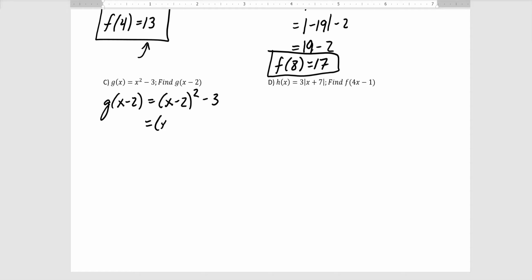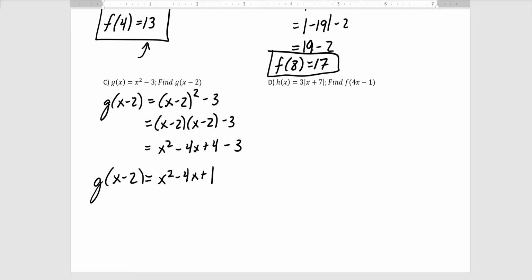So that will equal x minus 2 times x minus 2, and then I'll subtract 3 from that. So that'll be x squared minus 4x plus 4, and then minus 3. 4 minus 3 is 1. So x squared minus 4x plus 1. And that is what g of x minus 2 equals.